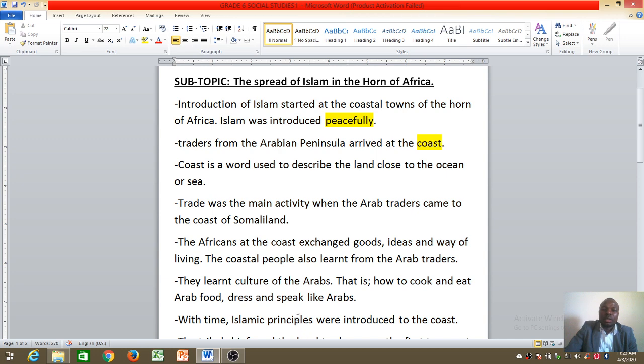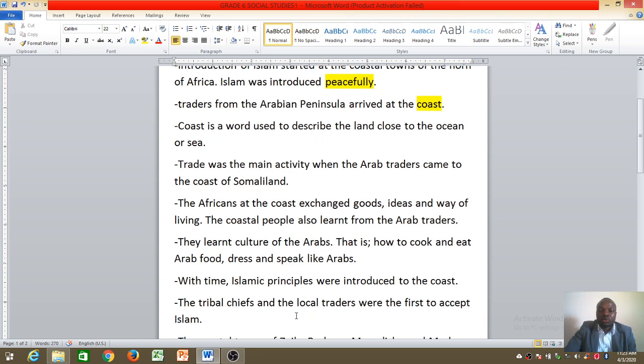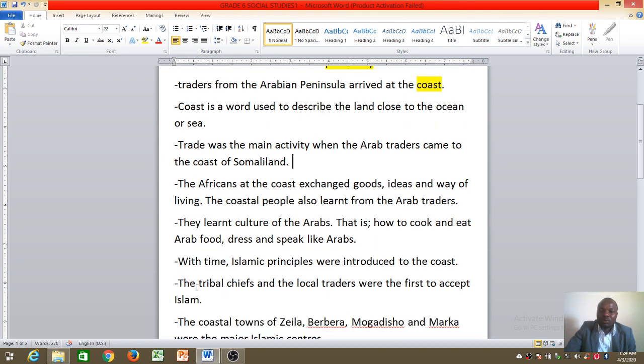With time, the Islamic principles were introduced at the coast. They also learned Islam. Tribal chiefs, the chiefs of the clans, and the local leaders were the first to accept Islam. They accepted Islam peacefully. And when your leaders at home accept something, for example parents at home, that means the whole family has accepted it.